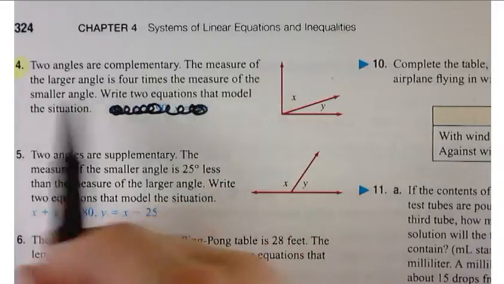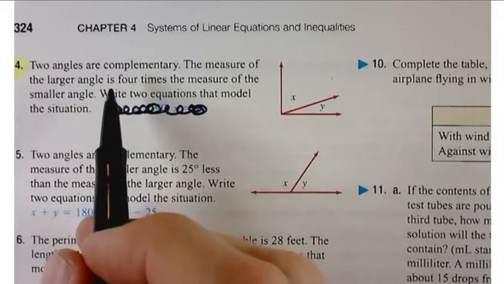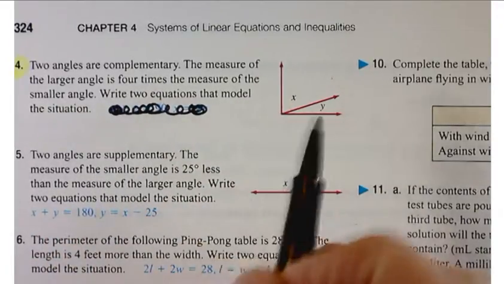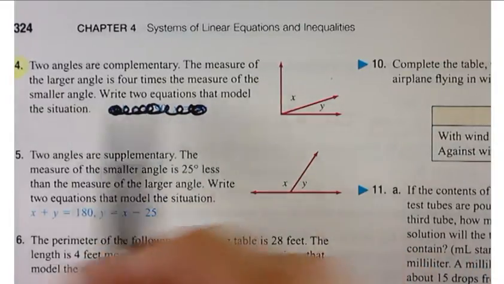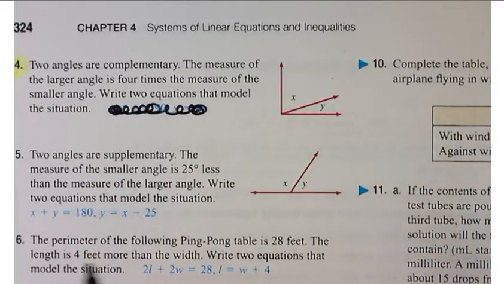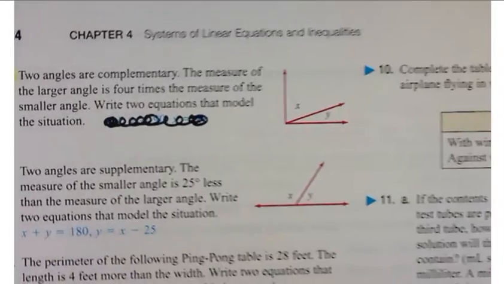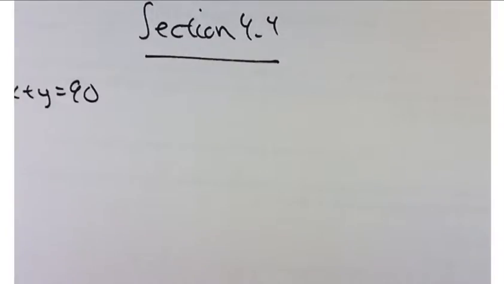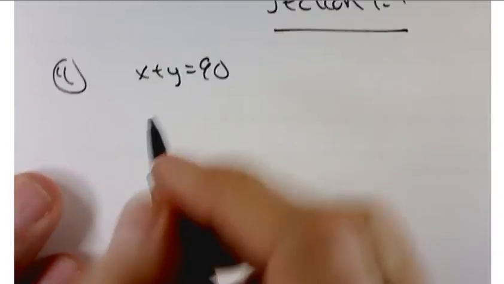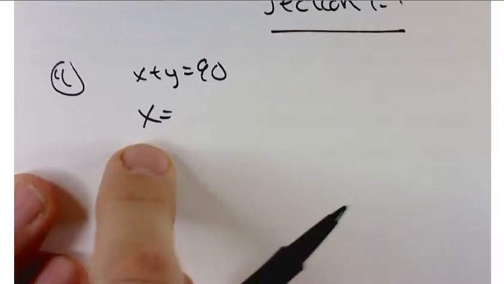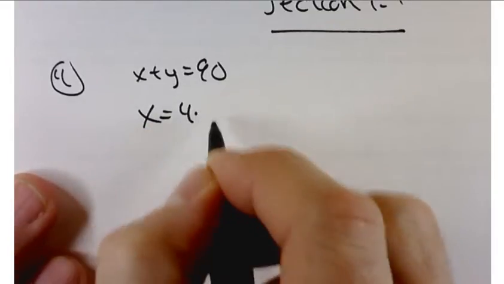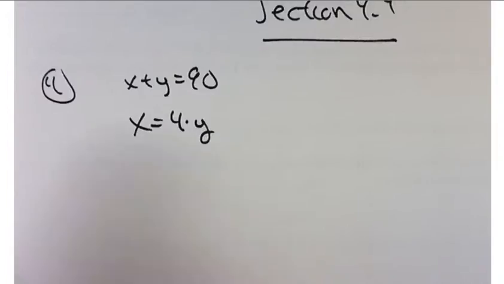Right now it says the measure of the larger angle is, so x is 4 times the measure of the smaller angle. So that is suggesting an equation. Yeah, x equals 4 times y. So the larger angle is 4 times the measure of the smaller angle, 4 times y.